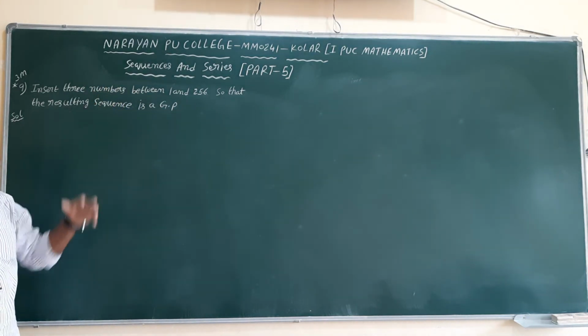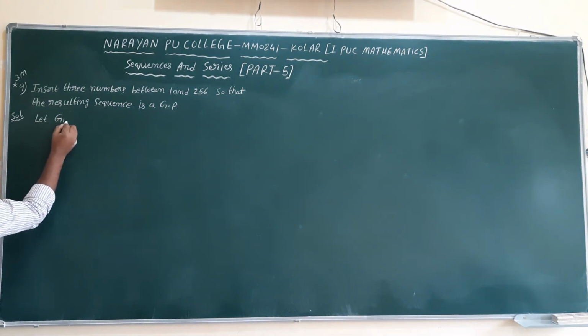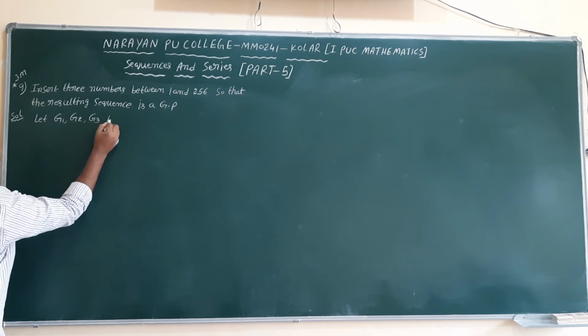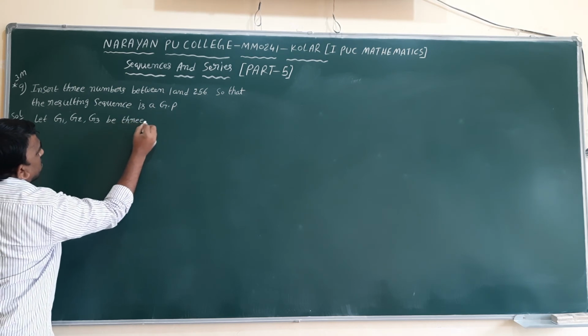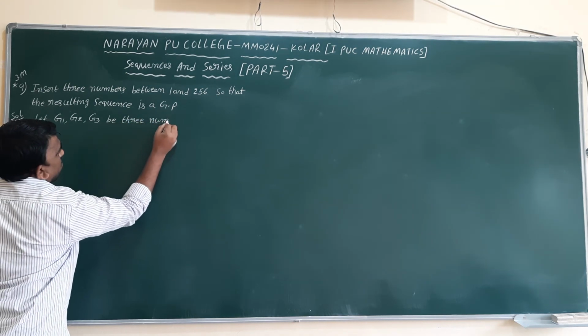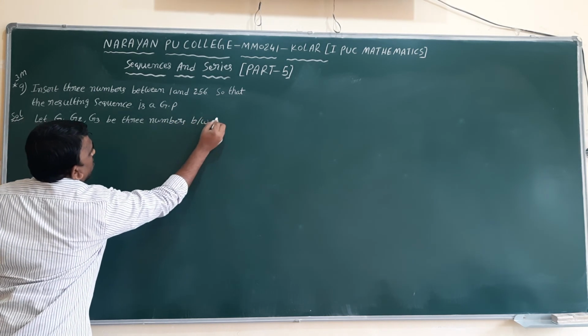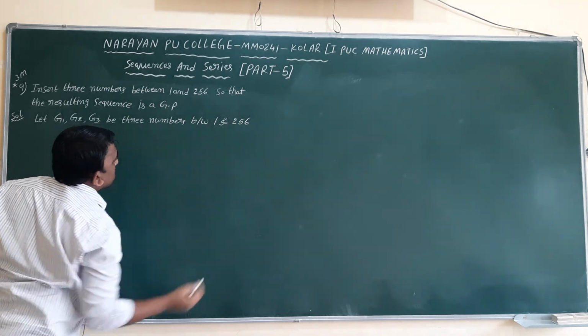Find those 3 numbers. Okay, so let us take G1, G2, G3 as the 3 numbers between 1 and 256.